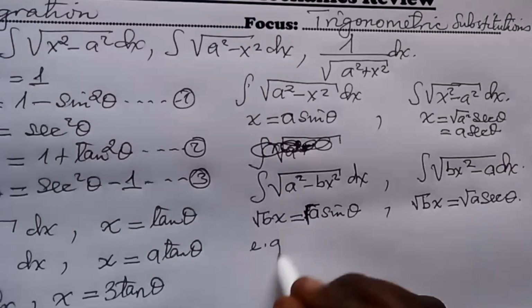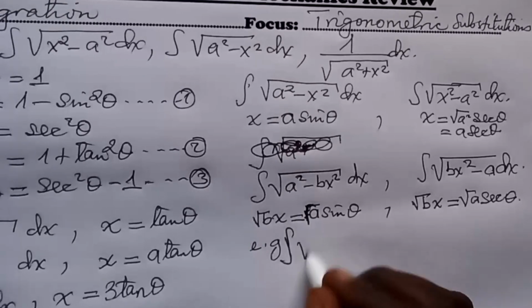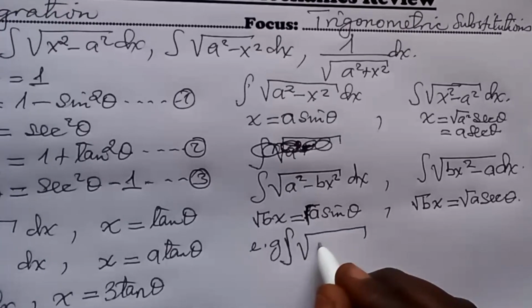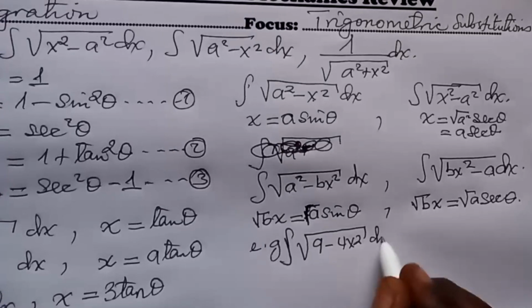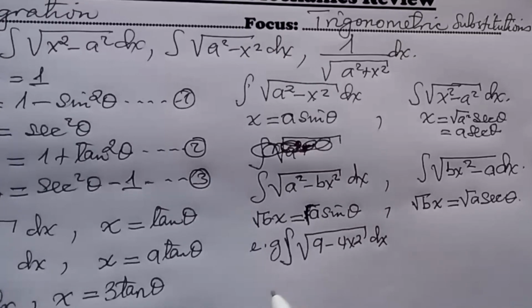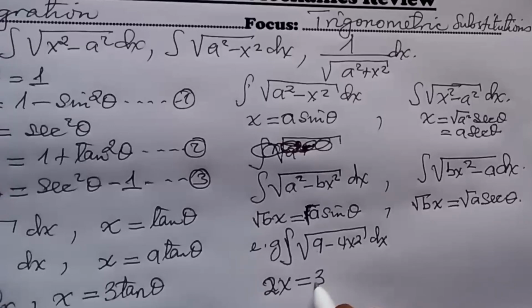An example in this case, I would have the integral of the square root of 9 minus 4x squared dx. And so my substitution will be the square root of 4x squared, which is 2x, equals the square root of the constant term, the square root of 9, which is 3.